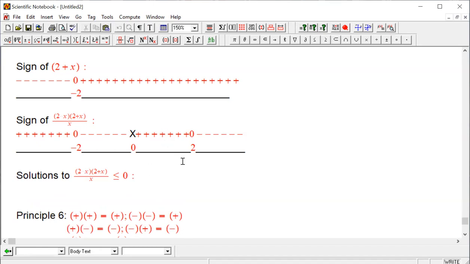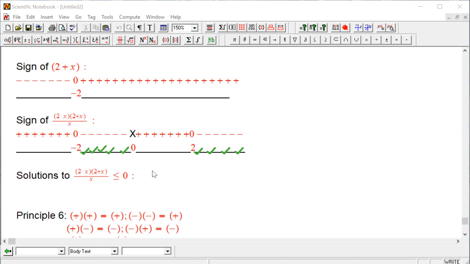Equal to 0 counts. So where do we find our intervals? Less than 0 right here, right? We don't want the positive. At -2 it's equal to 0, and then we have 2 equal to 0, right?